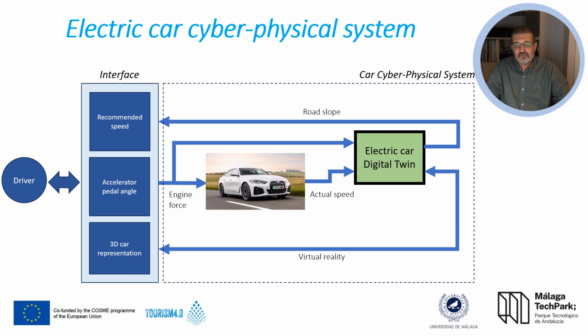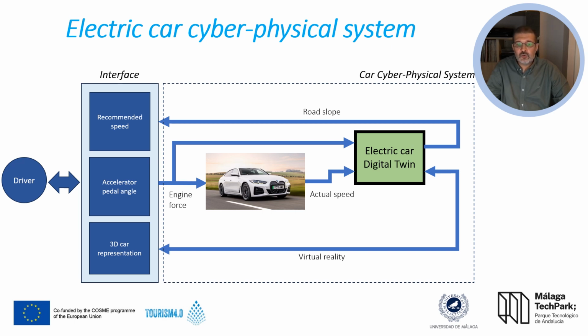This actual speed of the car and the engine force feed the electrical car digital twin in order to produce the two exits. The first one is the road slope, as I said to you previously, which is then used to give the driver a recommended speed.